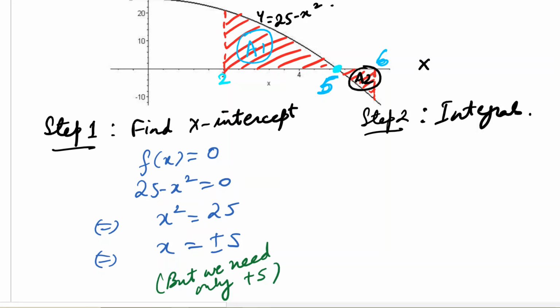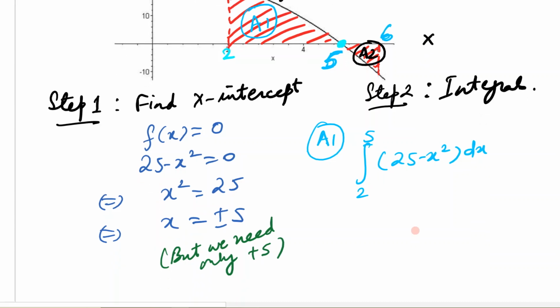So let's first find A1. In order to find A1, area 1, we need to set up the integral from 2 to 5 of the function 25 minus x squared dx. This integral is 25x minus x cubed over 3, and the limits are from 2 to 5.